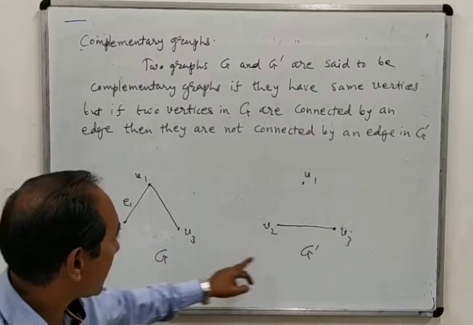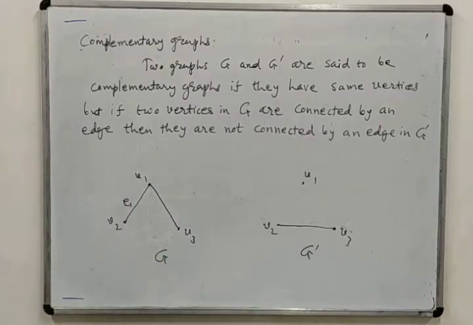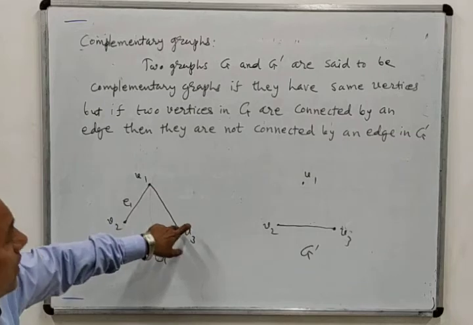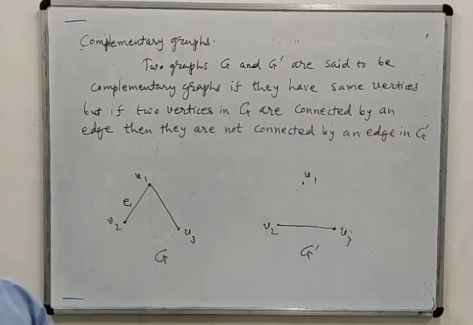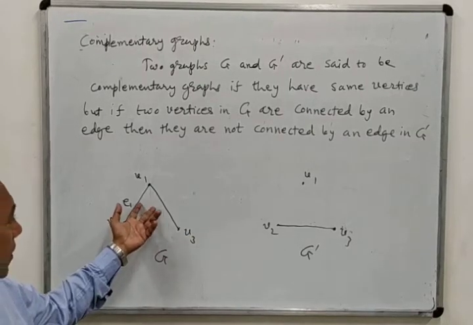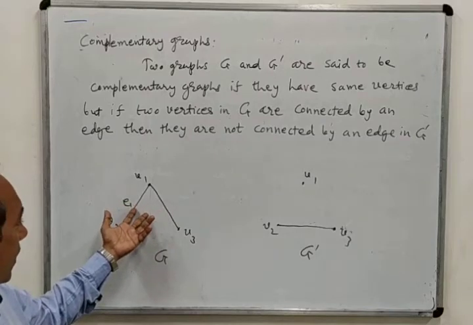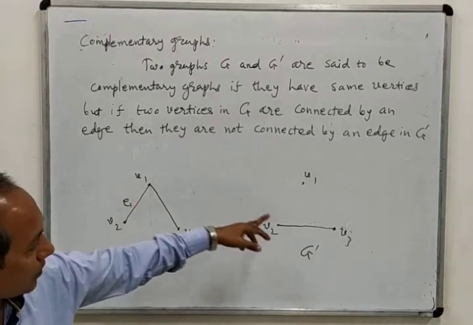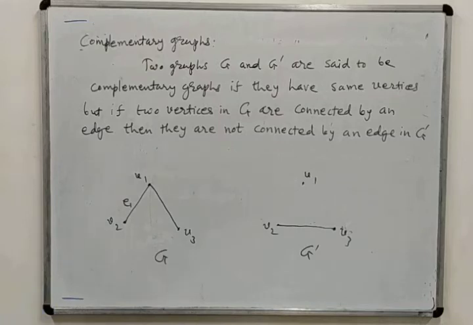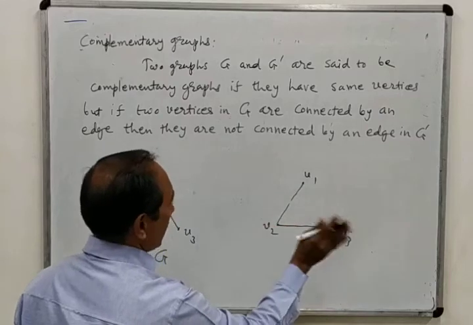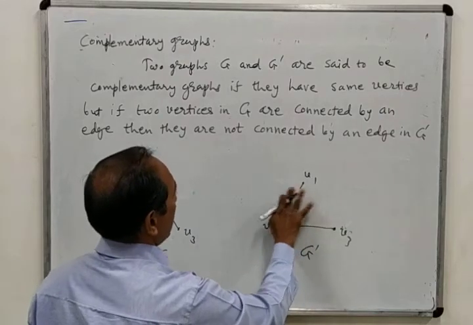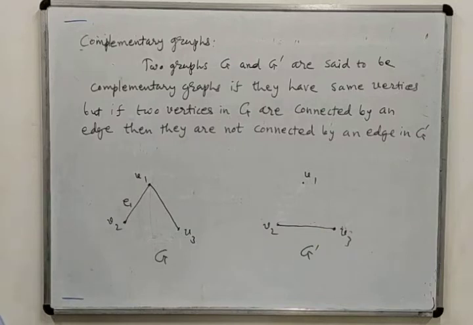So in this way we can say that G and G dash are complementary graphs because they have the same vertices and the connections by an edge are in complement form. That means wherever an edge lies in G, it does not lie in G dash. We cannot draw an edge over here. So you also write down this definition.